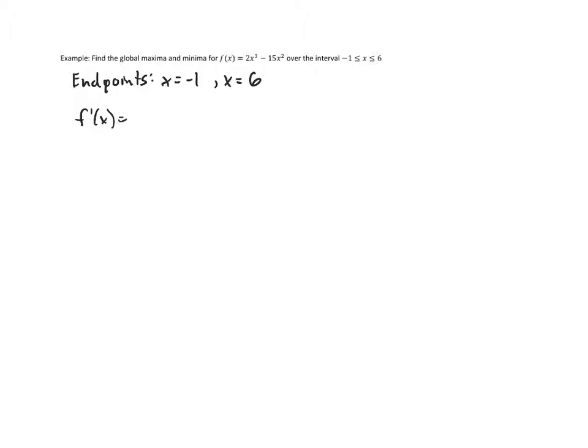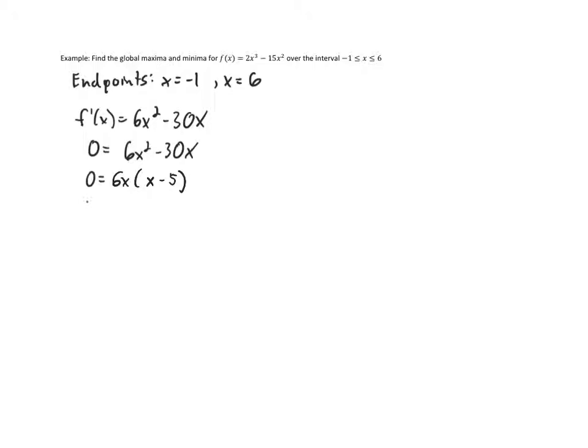f prime of x would equal 6x squared minus 30x. And we want to figure out where that equals 0. Well, we could actually factor this out. So 0 equals, I could factor out 6x, which would leave me with 6x times x minus 5.